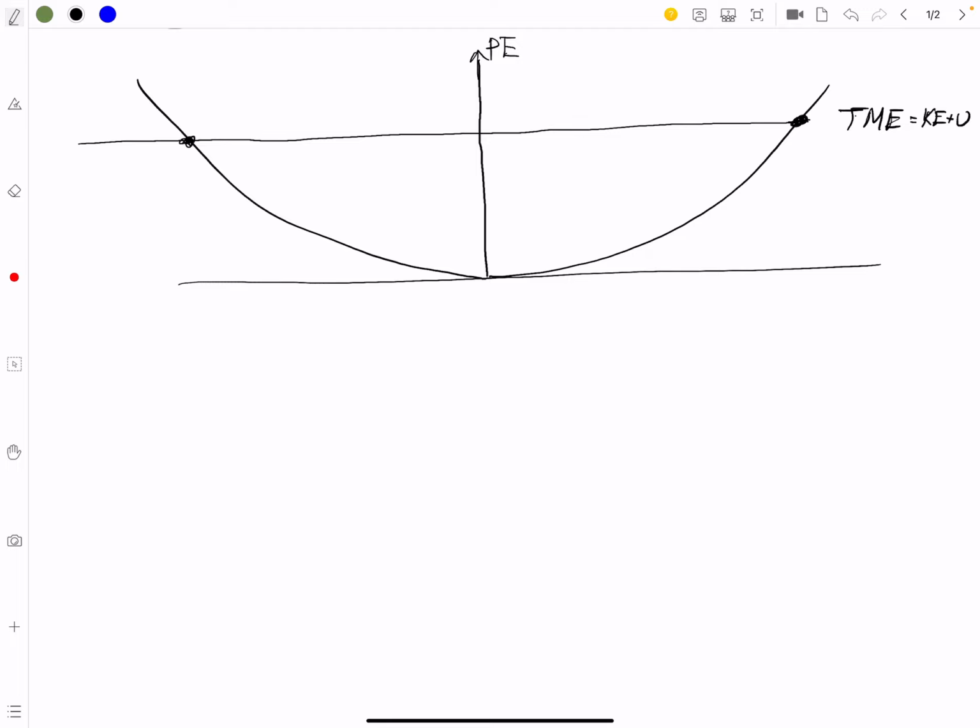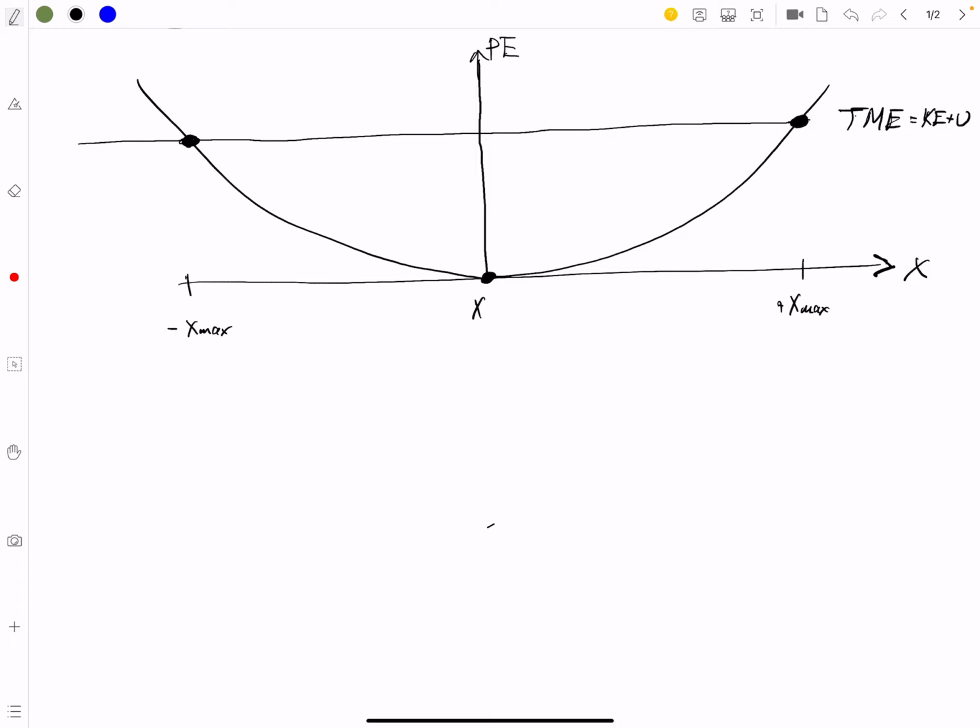Where's our KE going to be the most? Right here. Okay, maximum kinetic energy. Where's our potential energy going to be the most? Right here and right here. Okay, so if we call this the X dimension, then this would be X max, plus X max. Down here is our minus X max.